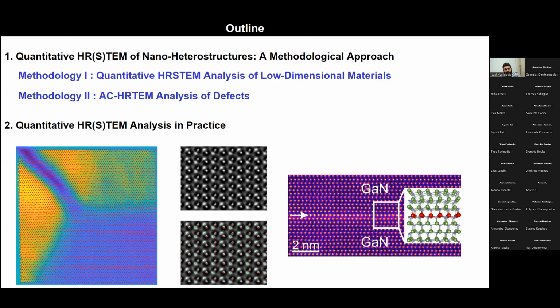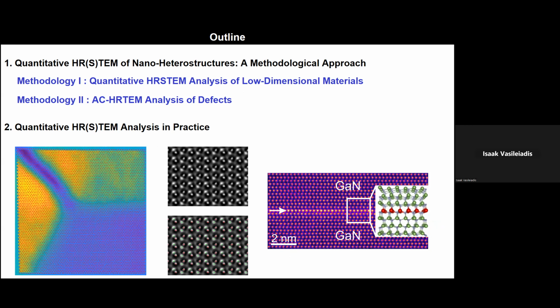The second section of this part contains the quantitative high-resolution STEM analysis in practice, and I will show you in brief our platform that we developed here to analyze high-resolution STEM imaging.